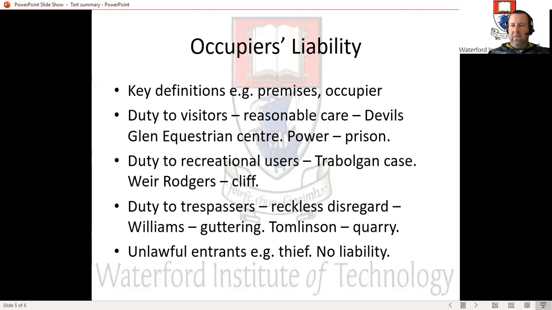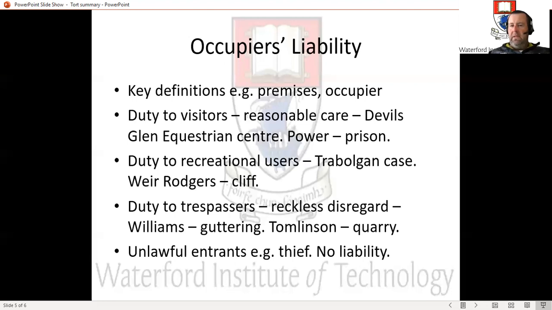Tomlinson was about a young lad who went to a quarry. It's an English case, and they had signs up everywhere: no diving. Some things like canoeing, I think, might have been allowed, but they were particularly strict about no diving, as it was quite dangerous with underwater rocks. But Tomlinson dived in somewhere and injured his neck.